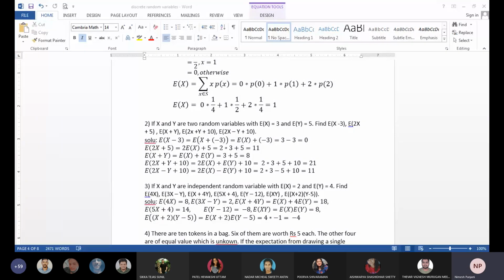Expected value of x plus 2 we get as 4 using your first property, and expected value of y minus 5 we get as minus 1 again using your first property. So its answer will be minus 4.